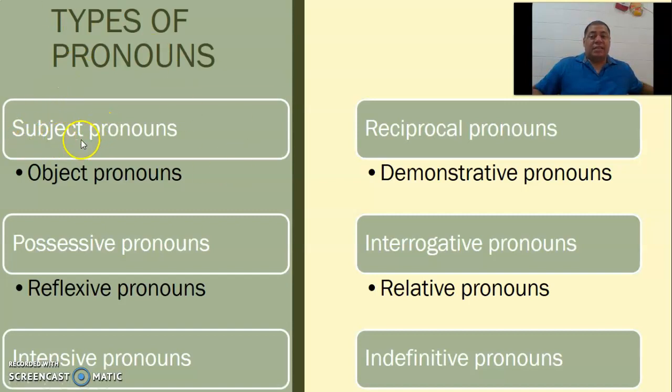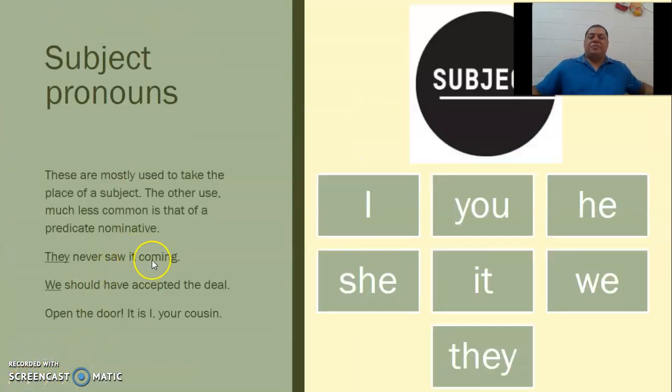But check here that they are named specifically as subject pronouns and object pronouns and possessive pronouns, those that show possession obviously, reflexive pronouns and intensive pronouns. You will see that reflexive and intensive pronouns are very closely related. They are actually the same pronoun. Anyway, let's go back to subject pronouns.